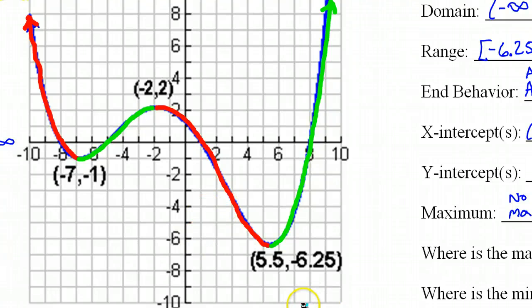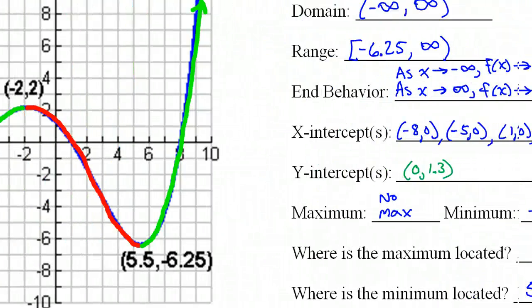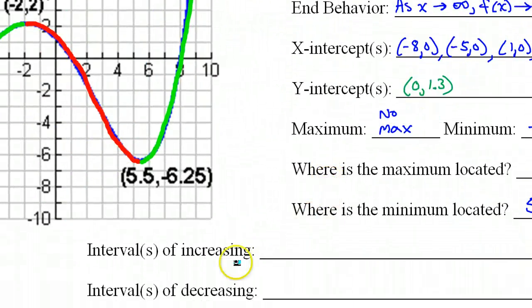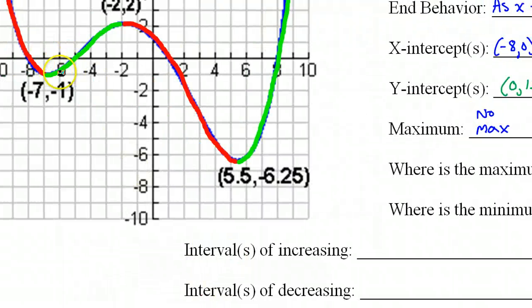Now, when we talk about these intervals, what we are talking about are the x values. So just concentrate on the x values. Okay? So, x value wise, look at the increasing intervals, the green intervals. Let's start with this one, but just give me the x values.